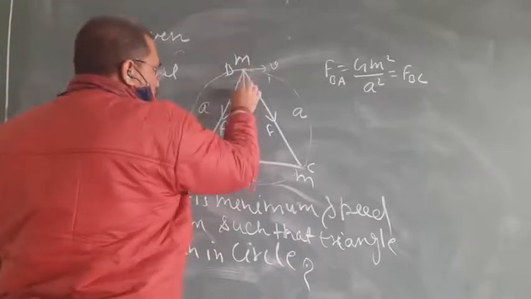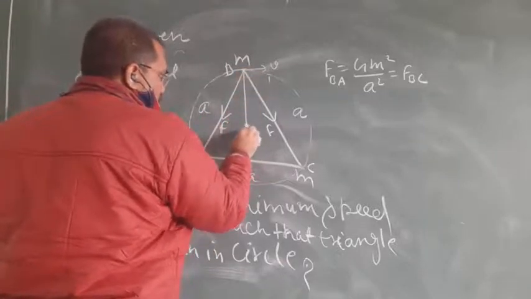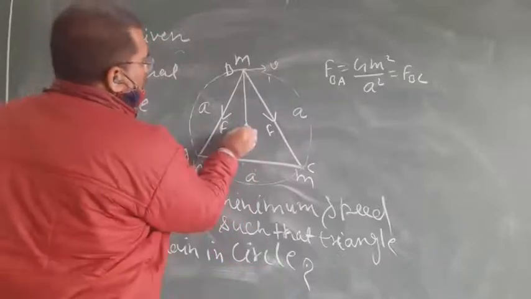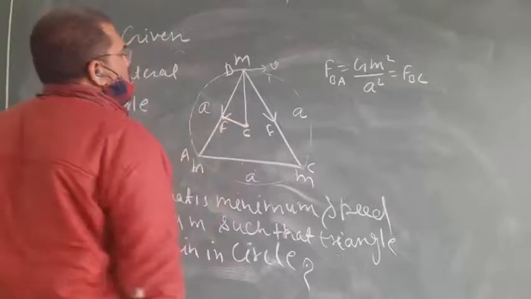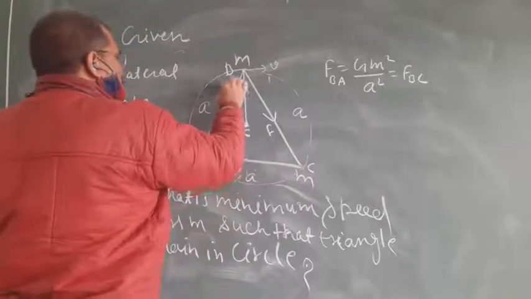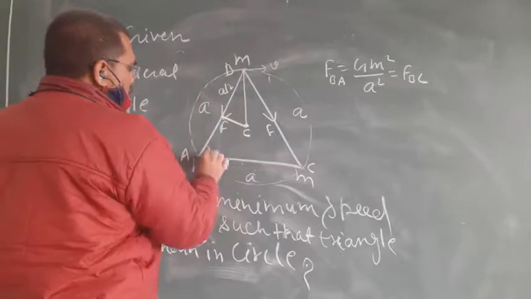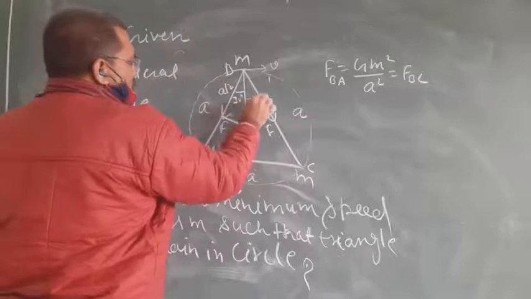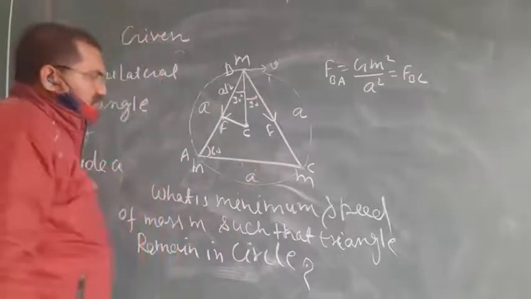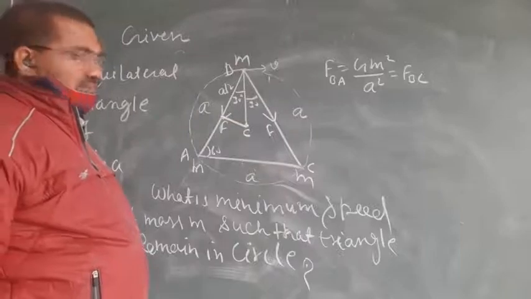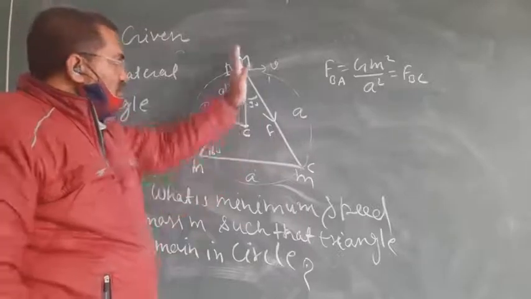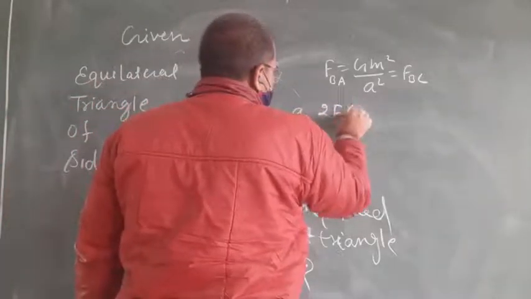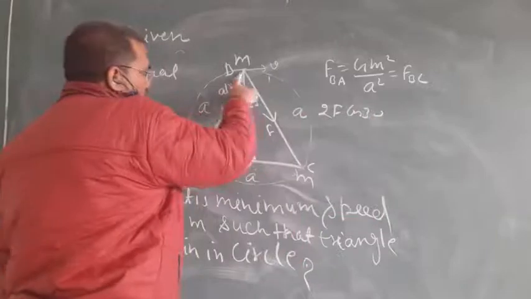So for circular motion, there would be a radius. Draw a perpendicular here. This is A by 2. This is 60 degree, so this will be 30 degree. This will also be 30 degree. So the component of these forces along the center is F cos 30, F cos 30.